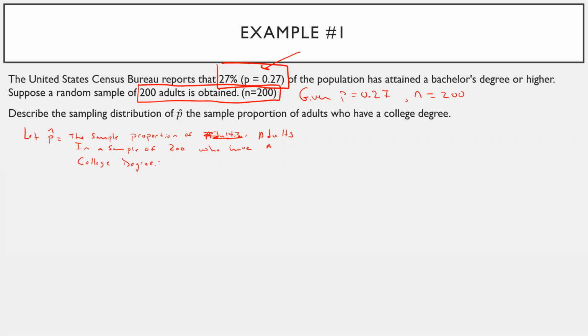So I'm going to give you another hint. What we basically want to say is that it's normally distributed, and then I want to give the mean and standard deviation.